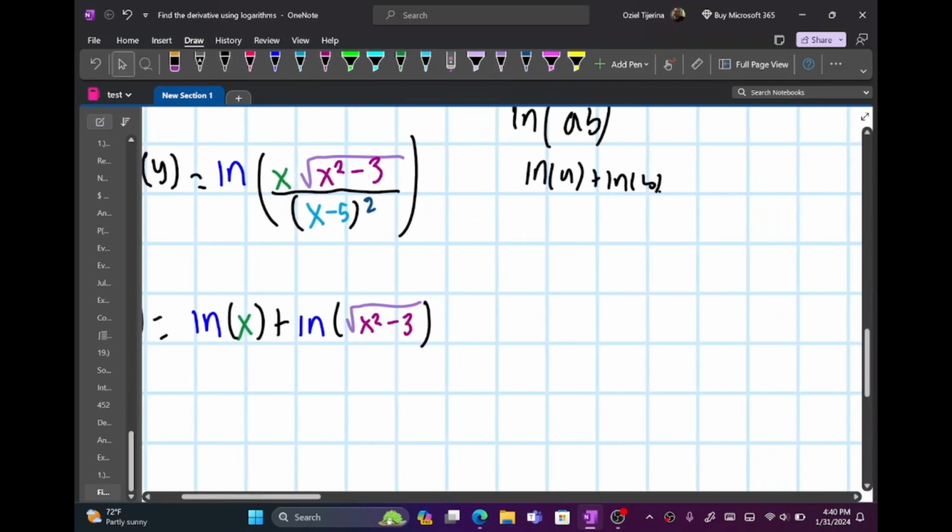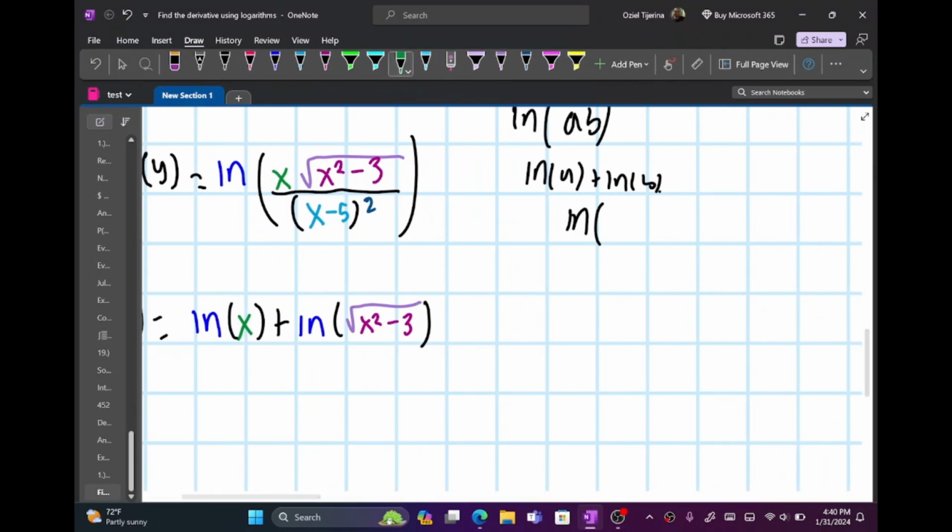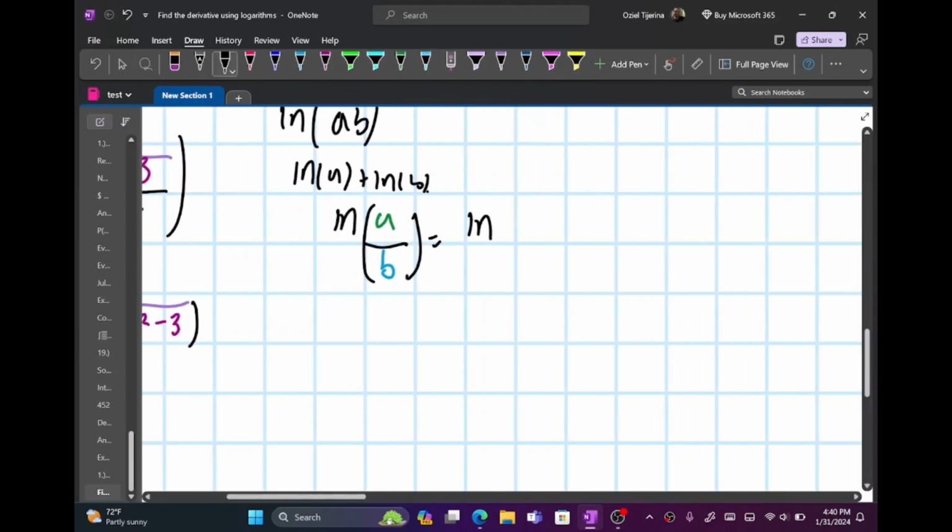Also, when you have natural log of a over b, I just want to show y'all very quickly, this is going to be natural log of a minus natural log of b. We're doing the algebra portion of this first, guys.